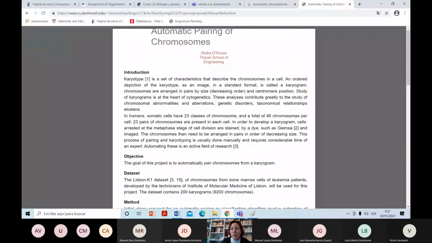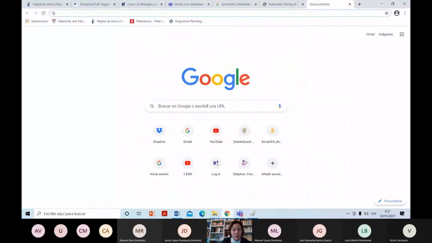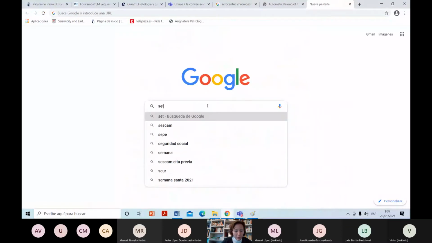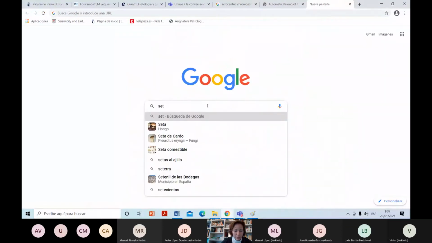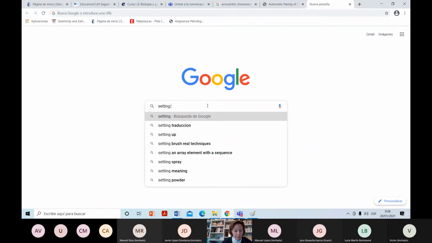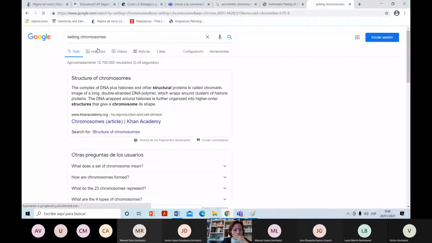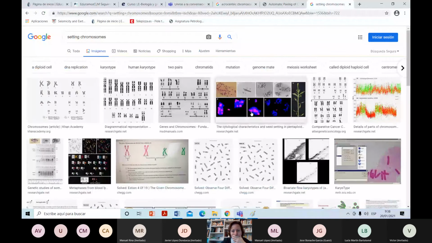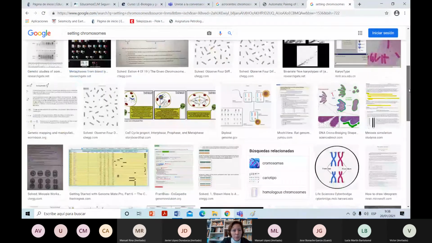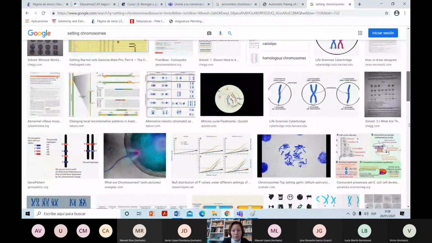I just wanted to show you the way you see chromosomes when you look at a cell in the microscope.